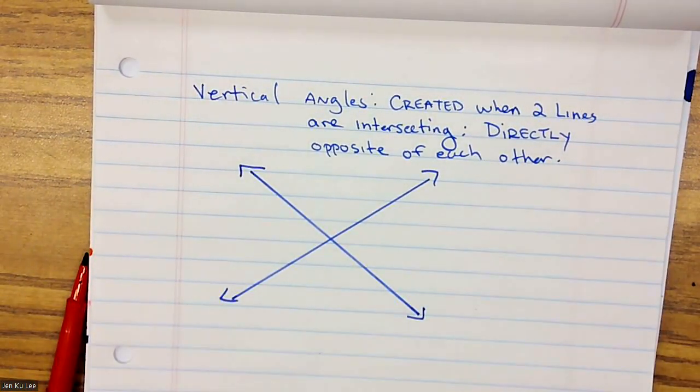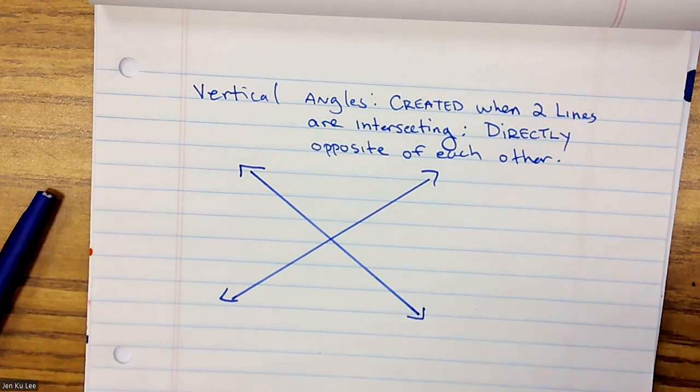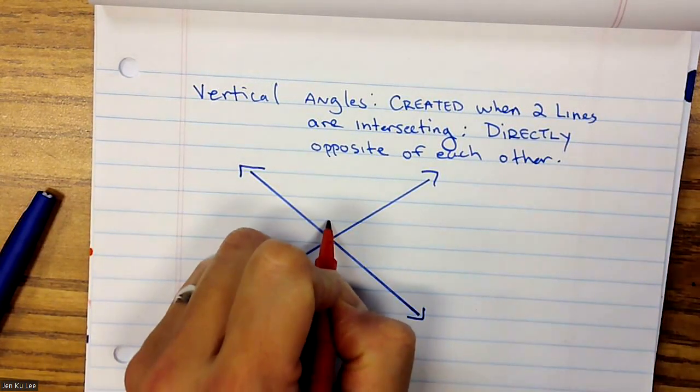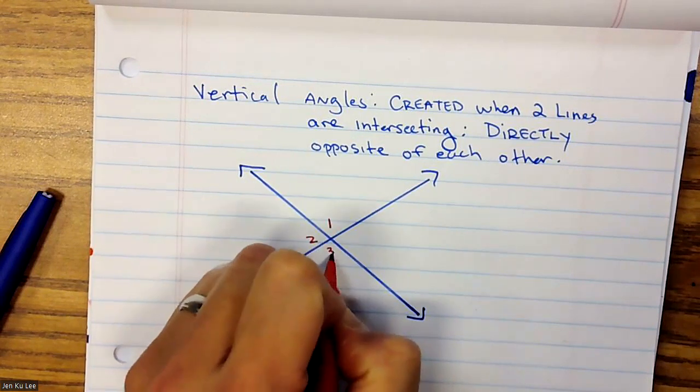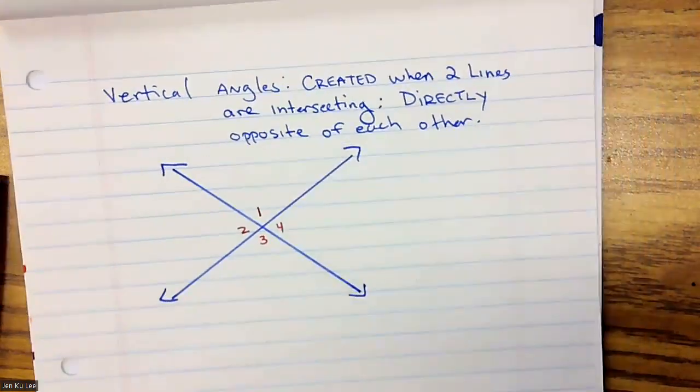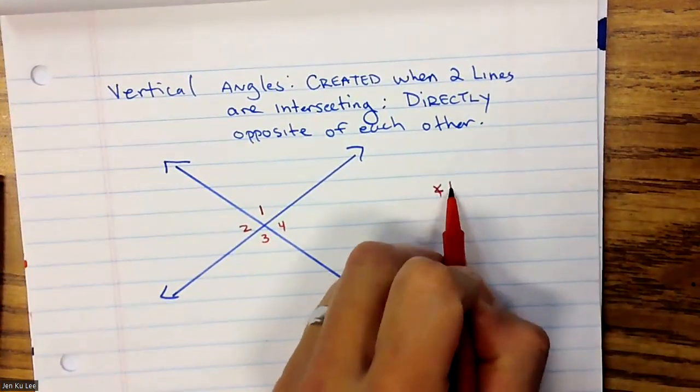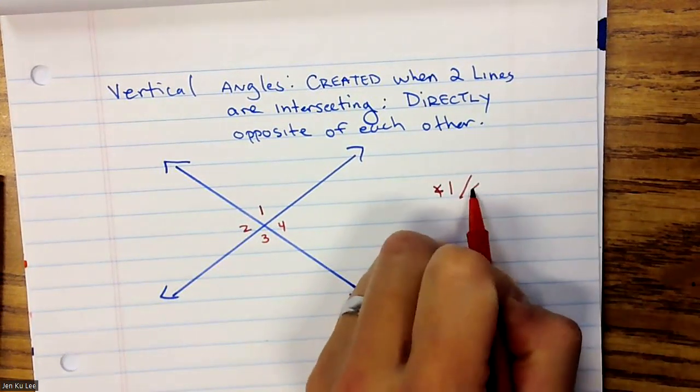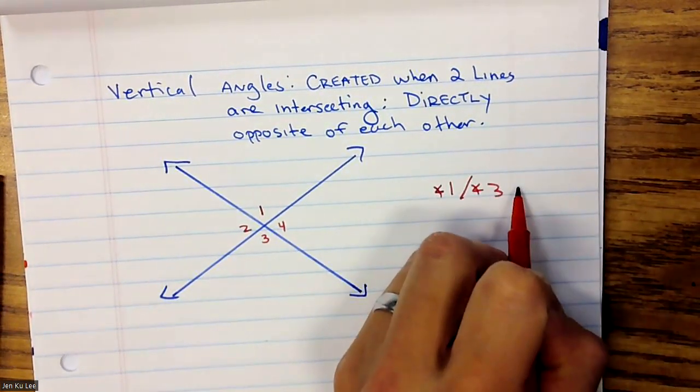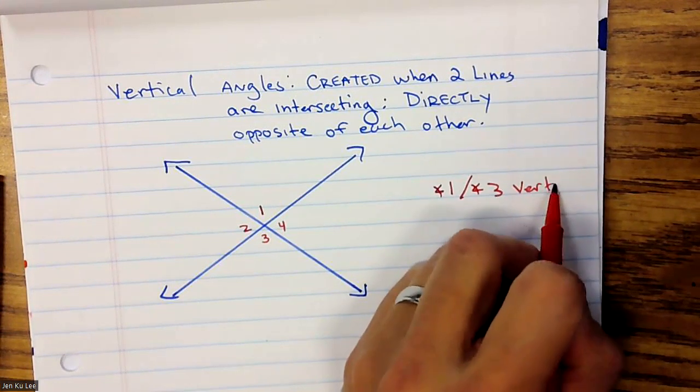Angle 1, 2, 3, 4. Angle 1 and angle 3 are vertical angles.